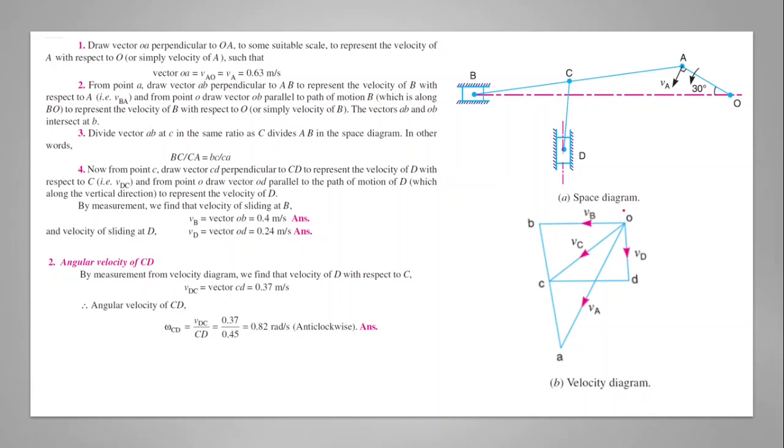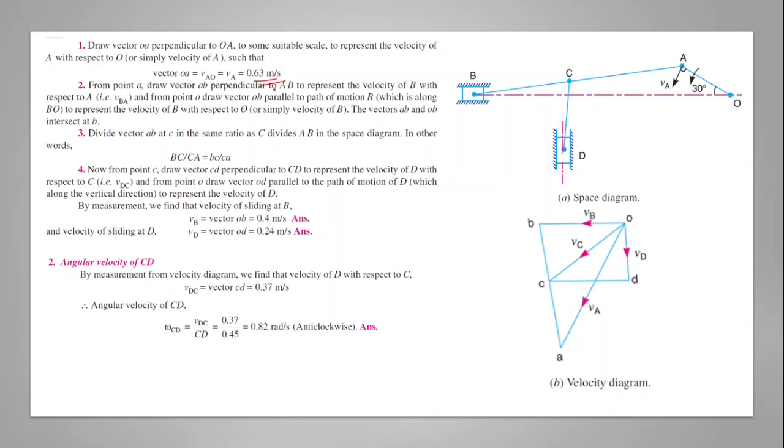Then we have to fix the point o, small letter o, at any point on this paper. Then draw oa, small letter oa, which must be perpendicular to link OA, and having a magnitude of 0.63 meter per second.